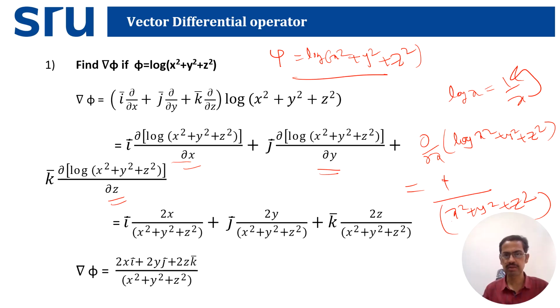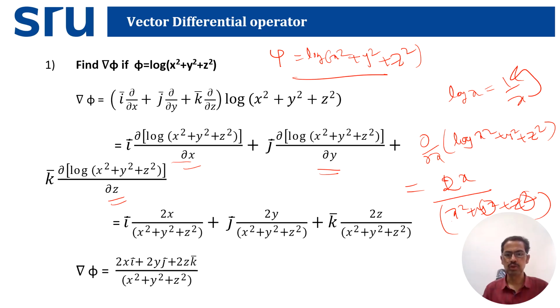So x square derivative is 2x, y square derivative is 0, z square derivative is 0. While partially differentiating with respect to x, keep y constant and z constant. Their partial derivatives are zeros.